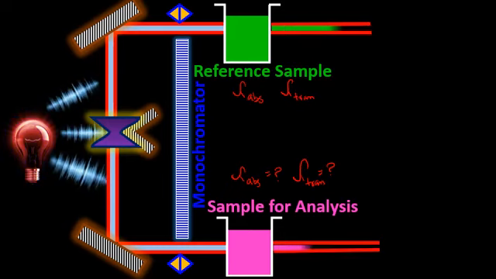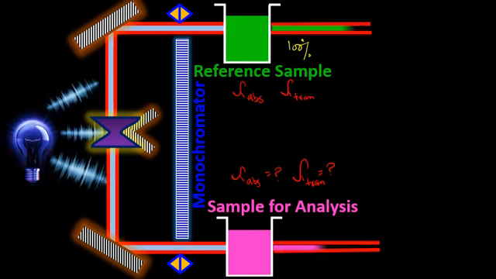Just to keep in mind, the reference sample used in the IR spectroscope usually gives 100% transmittance to the infrared radiation which we use. So it has a known kind of absorption and transmission, and usually the chemical or solution used in a reference sample doesn't absorb the infrared radiations.